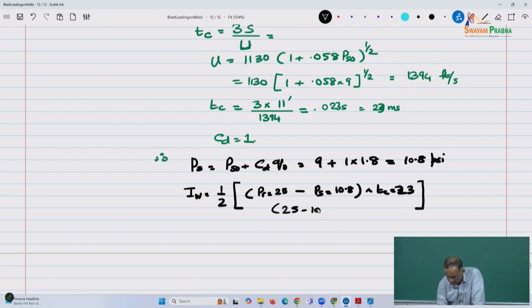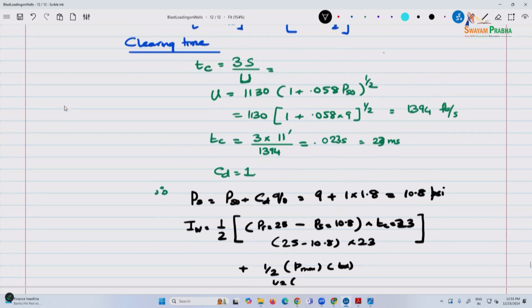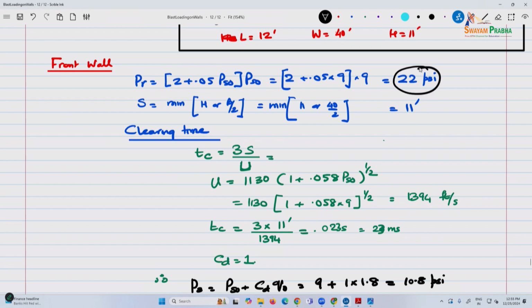So basically this is 25 minus 10.8 multiplied by 23 plus 1/2 of the PR, the maximum pressure we calculated was 10.8. So P max multiplied by TD. So this is 1/2. The max pressure we calculated was 22.